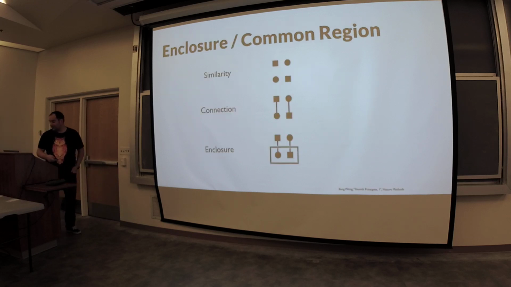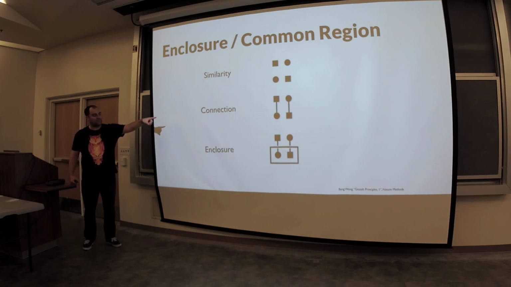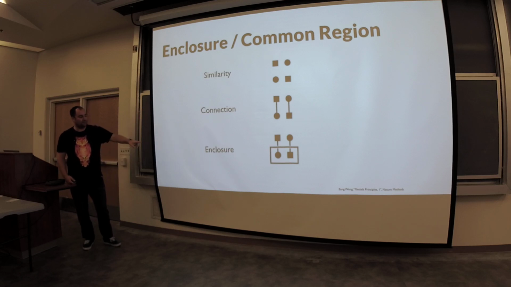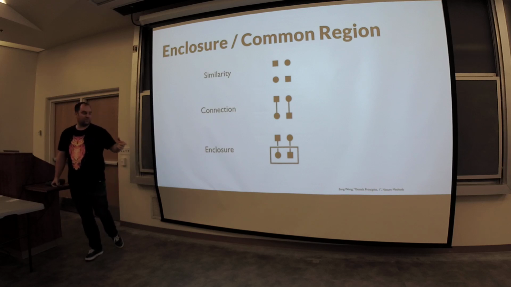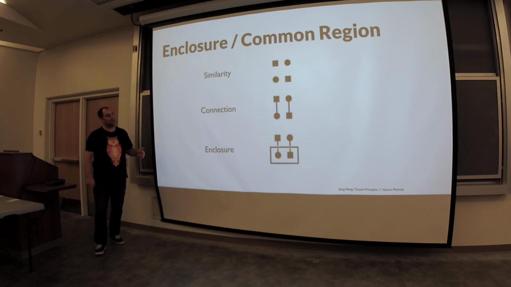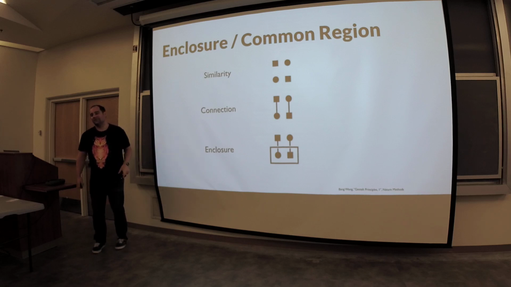Similarly, here we have proximity as the strongest one. Then here we have connection overriding the strength of the proximity. And here we probably have a hierarchical perception of grouping, right? We understand that the items are grouped by their connections, but the enclosure on top of it tells us there's a second level grouping as well.